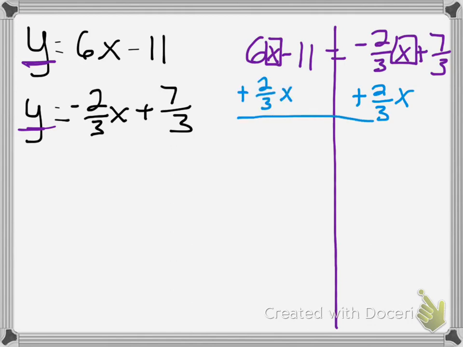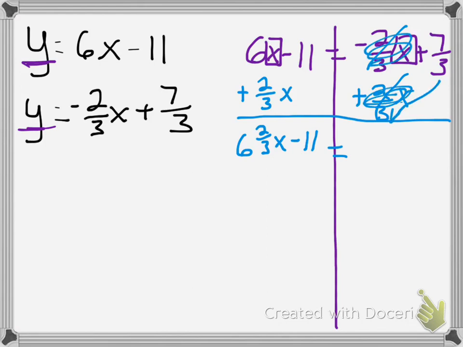Now I don't have a calculator with me, so I'm going to have to do this in my head. 6 2/3 x minus 11 equals, I have nothing else over here besides this positive 7 over 3. And you can bring down the positive sign with it. It ain't going to hurt anything.